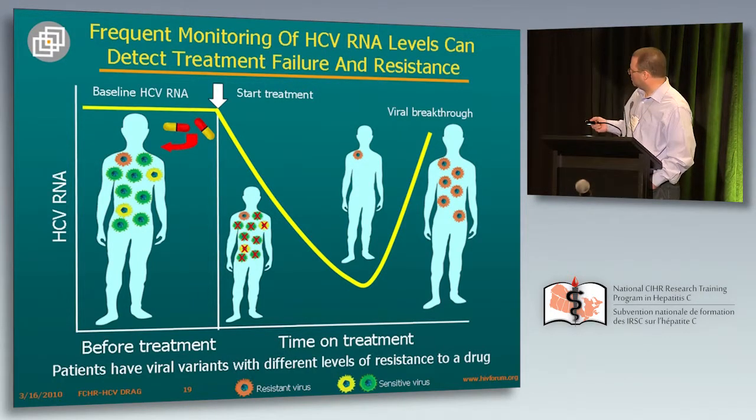Once therapy is started, the sensitive viruses, indicated in green, cannot replicate further and eventually die. Those viruses that can survive under these conditions, like the orange one here, eventually outgrow the population, and all that is then associated with a rebound and viral breakthrough.